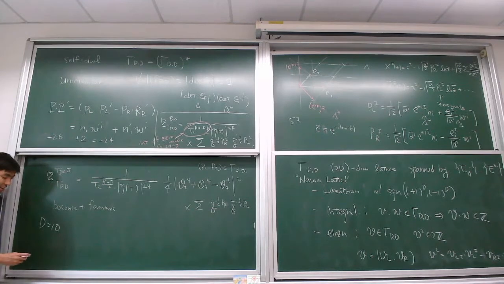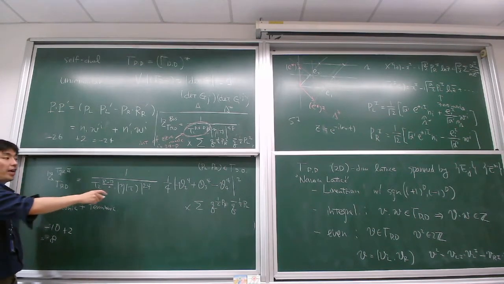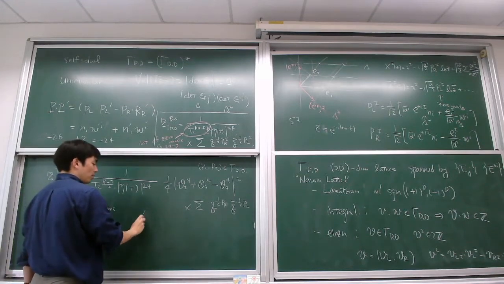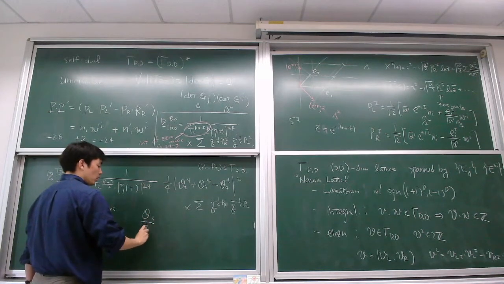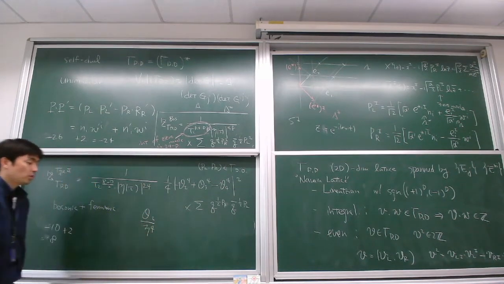D is 10, and then for the bosonic string you get -10 contribution, and the bc ghost is going to give you +2, so -8. Okay? Holomorphic sector -8. In the anti-holomorphic sector you have another -8. You have a 16. Okay?